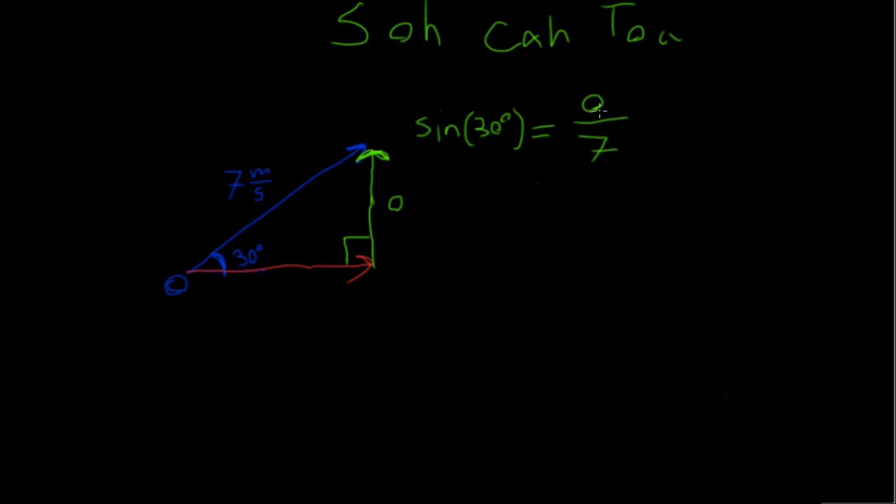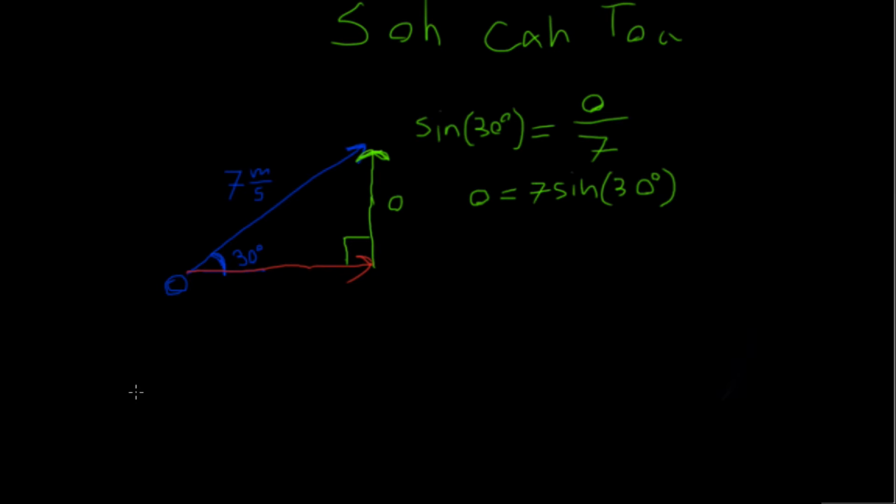This is an O over 7. So we can just easily solve for O. O is equal to 7 times the sine of 30. There we go. So we found O.